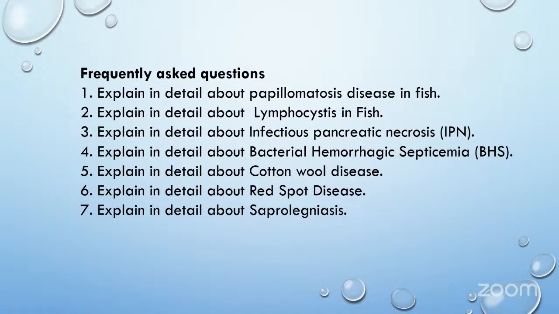So when these questions are asked, we need to explain the name of the disease, the causative organism, and the symptoms, causes also, and the preventive measures, and the type of treatment that should be given. So all these, we need to write them in points.